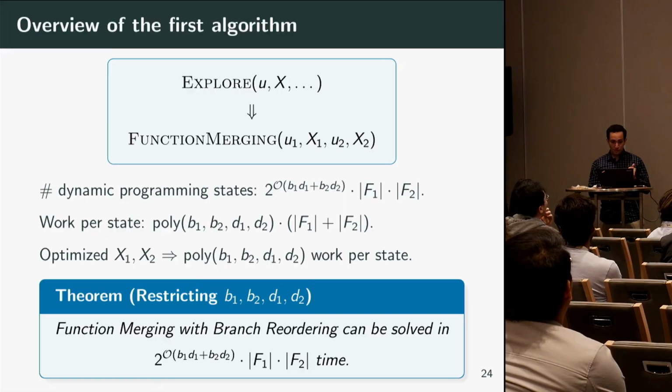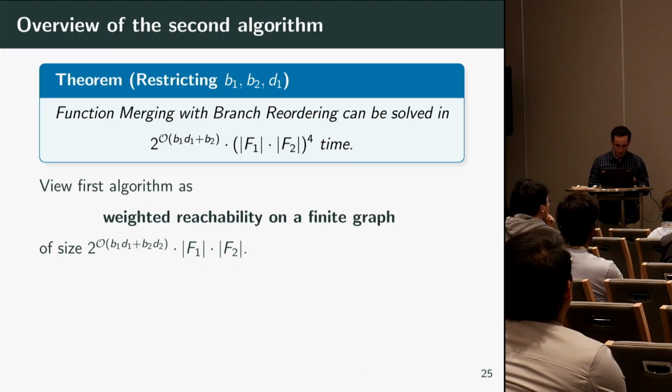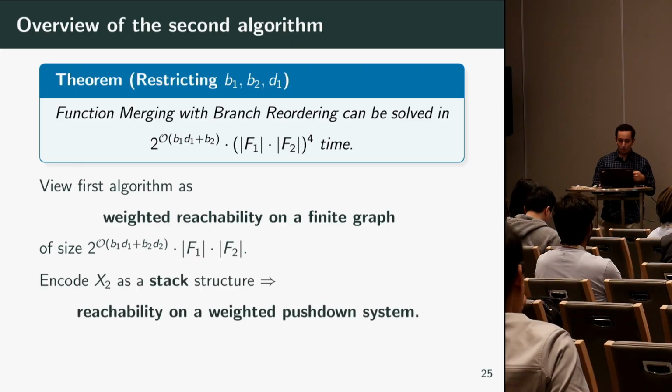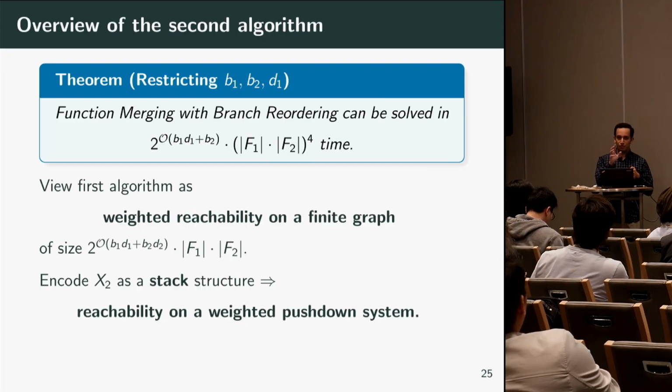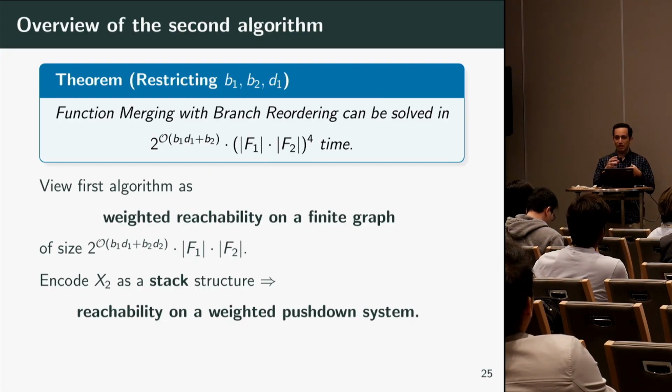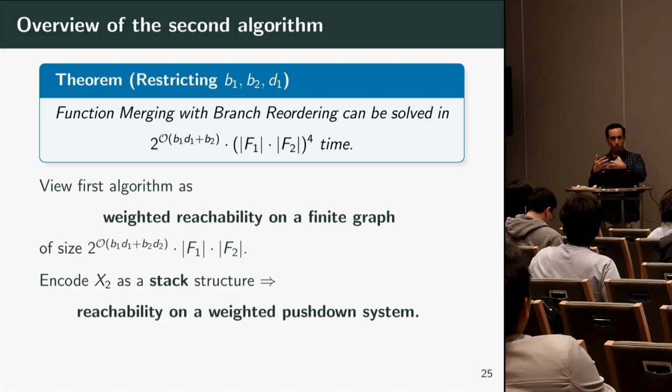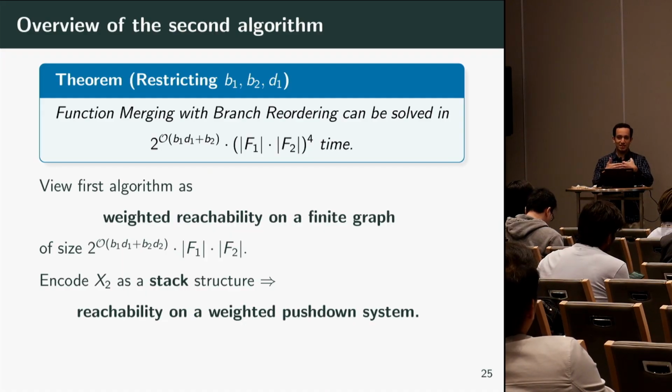I would say a few words about the second algorithm, which I think is quite interesting. The idea behind it is that we view the first algorithm as a weighted reachability on a finite graph. And then we observe that if we take the set of visited nodes, say, of the second function, the set x2, its behavior as this algorithm proceeds mimics a stack.